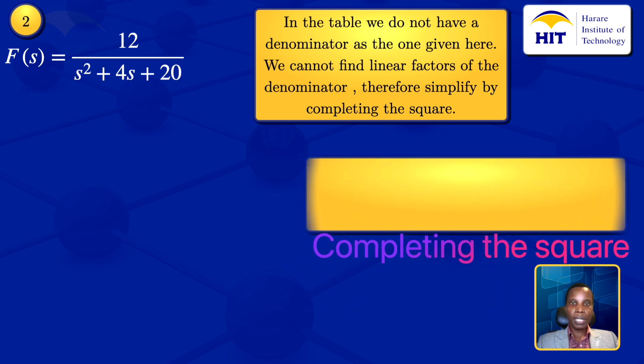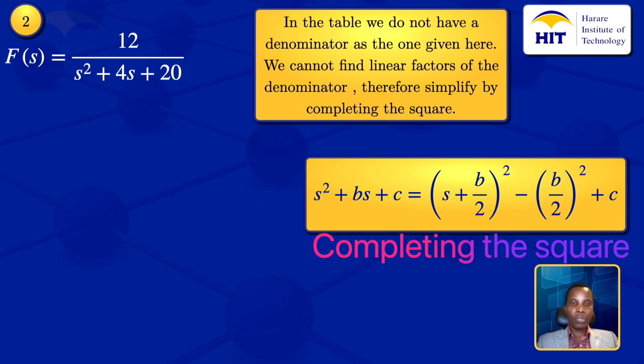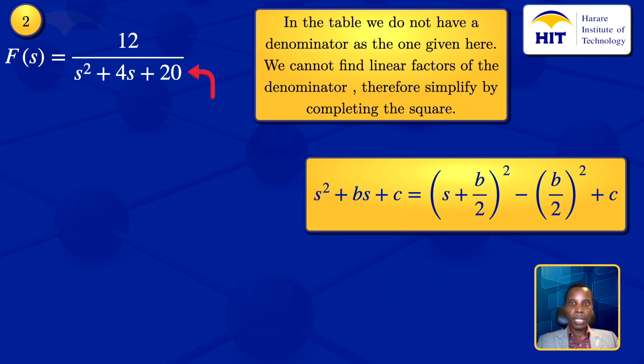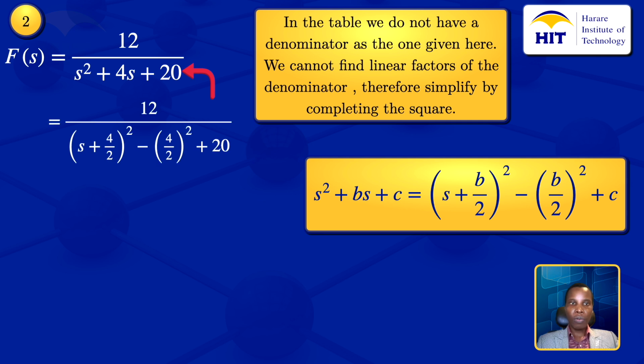For completing the square, if we have s squared plus bs plus c, it will be (s plus b over 2) squared minus (b over 2) squared, then plus c. So we apply completing the square on the denominator, and it gives us 12 divided by (s plus 4 over 2) squared minus (4 over 2) squared plus 20. That simplifies to 12 divided by (s plus 2) squared plus 16.